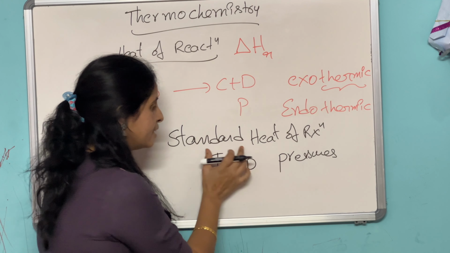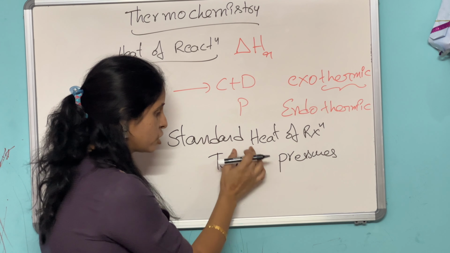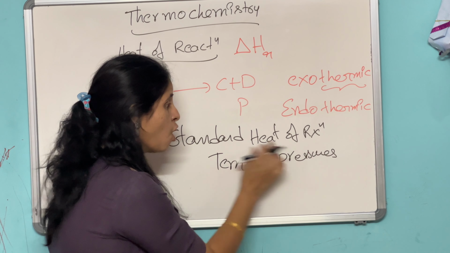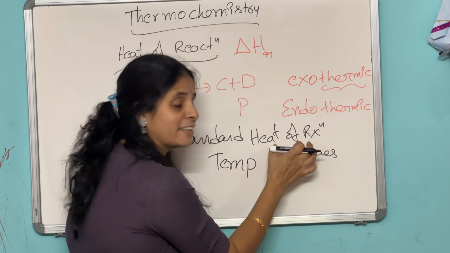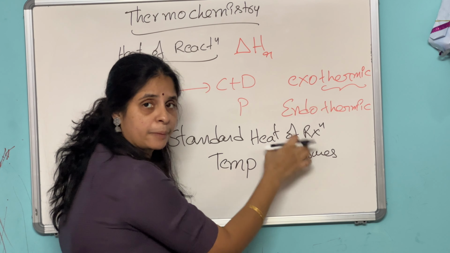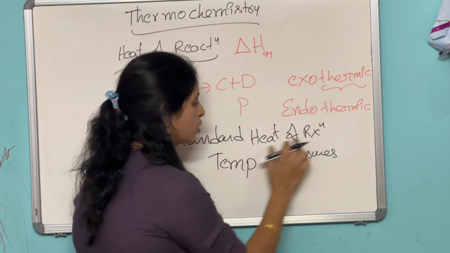Standard means standard conditions of temperature and pressure. At the standard conditions of temperature and pressure, whatever the heat change is in any chemical reaction, we call that the standard heat of reaction.